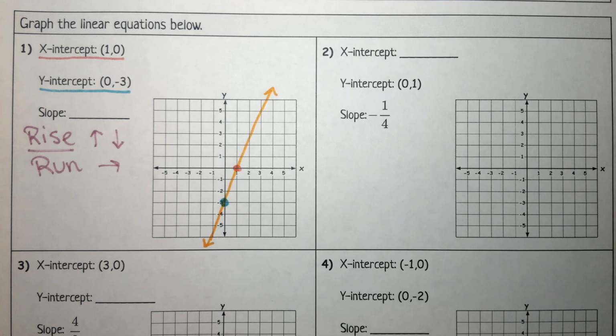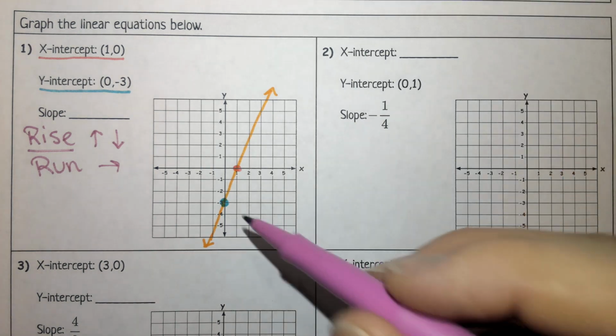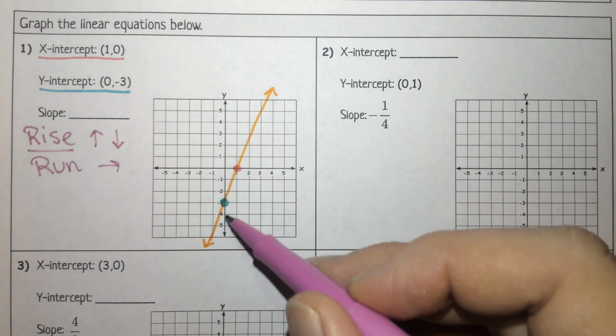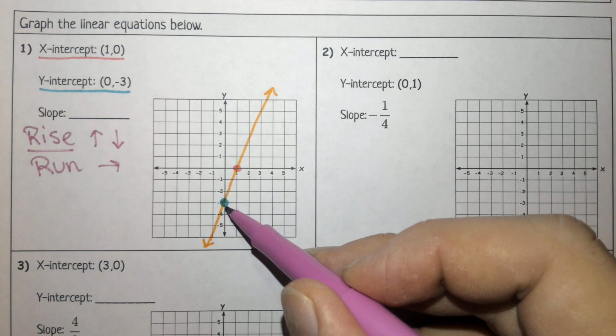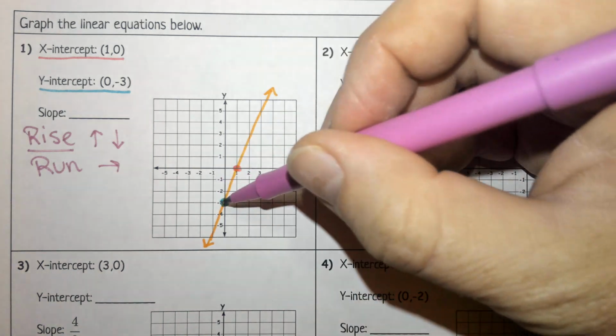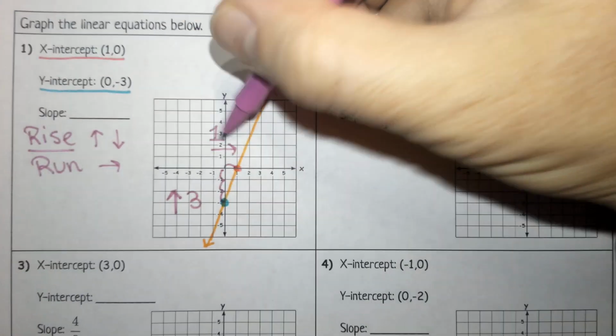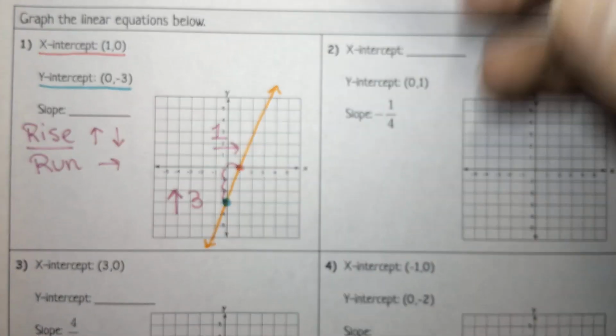It just makes it easier. So if I start from the left point and go to the right point, I want to count the rise first. So obviously I'm going to go up. So from here I count up 1, 2, 3. So I'm going up 3, and then I go over 1. Okay, so my slope is 3 over 1.